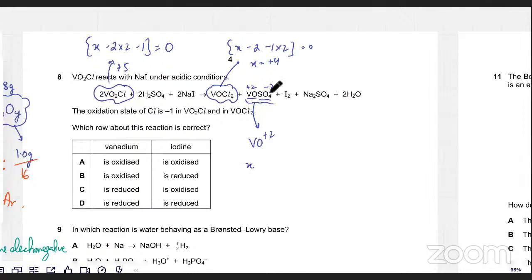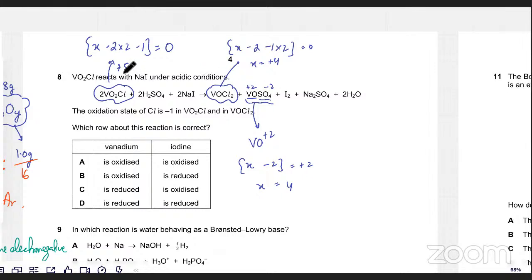Oxygen is -2, vanadium is X. They should all add up to be equal to +2. So -2 goes on the other side, and X would come out to be +4. So I think vanadium is +4 on both sides.